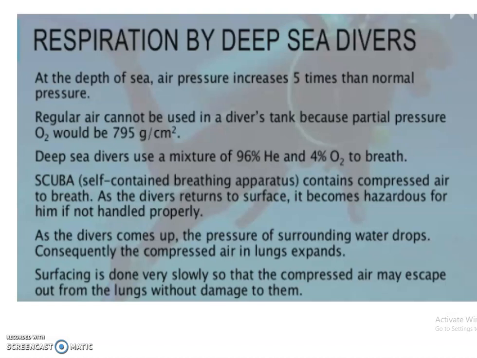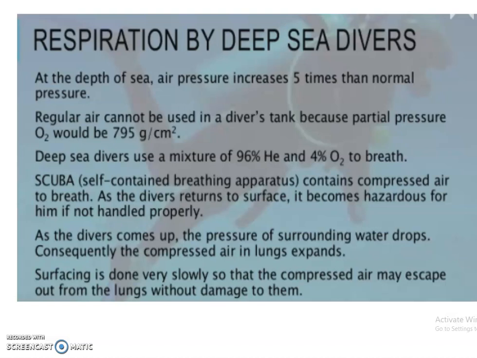He cannot breathe fully oxygen, because when he goes deep, the partial pressure of oxygen in his lungs will increase and cause damage to his lungs. Therefore a diver takes a lesser amount of oxygen with a larger amount of helium in the breathing apparatus.